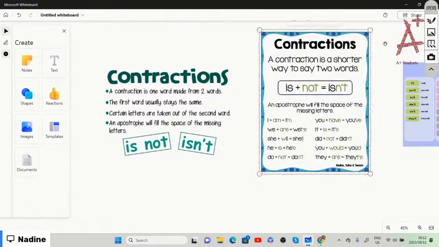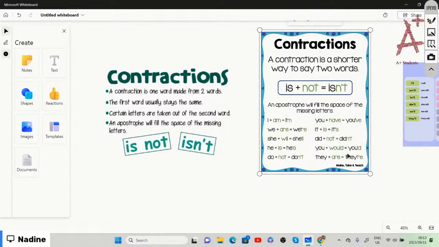And now, a contraction is a shorter way to say two words. Like we said, it is two words that we shortened by making it, let's say, one word. So a contraction is a shorter way to say two words. Instead of saying is not, we can say isn't.